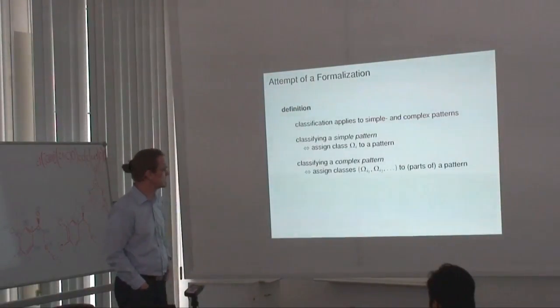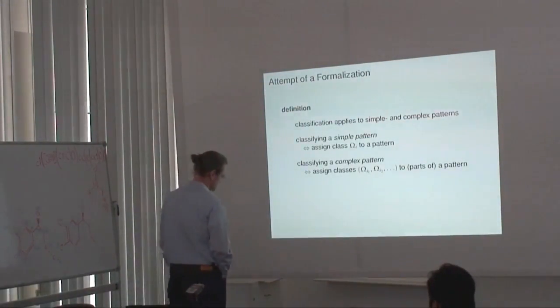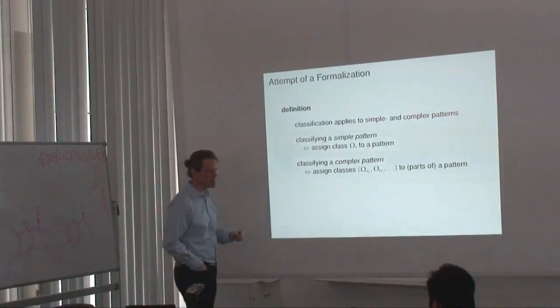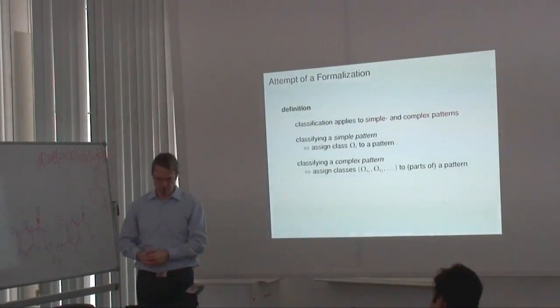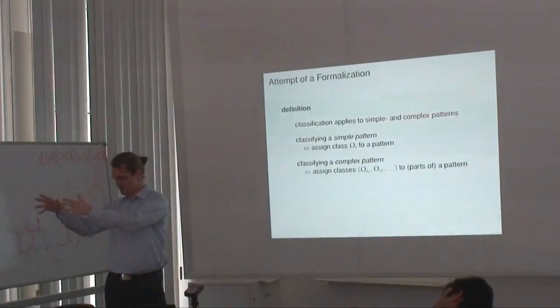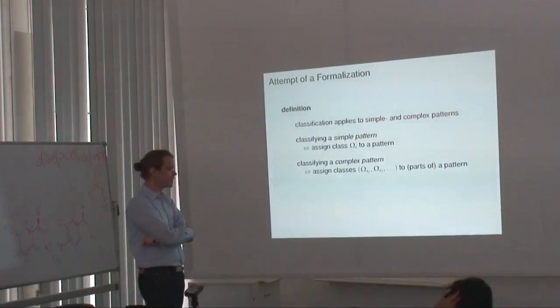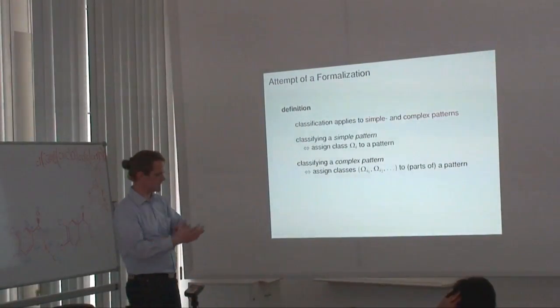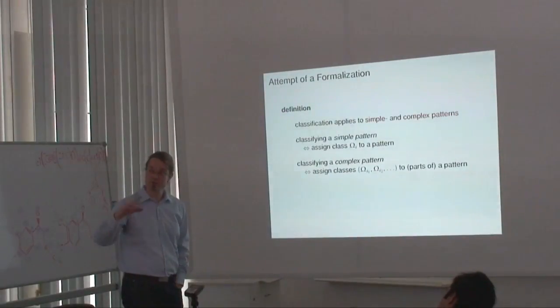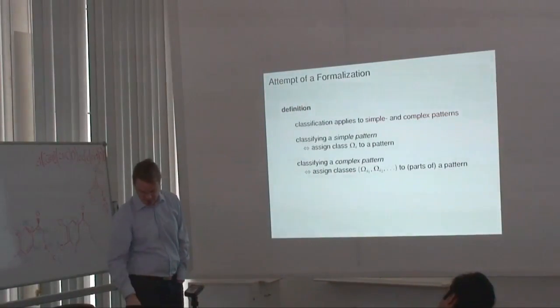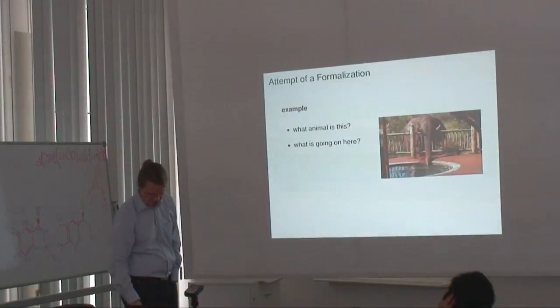It's just a very contrived example, right? But the take-home message here is that either the pattern will in its entirety be assigned to a certain class, or there are several classes we can assign to a pattern, and whether or not we do that depends on the application context we are dealing with.